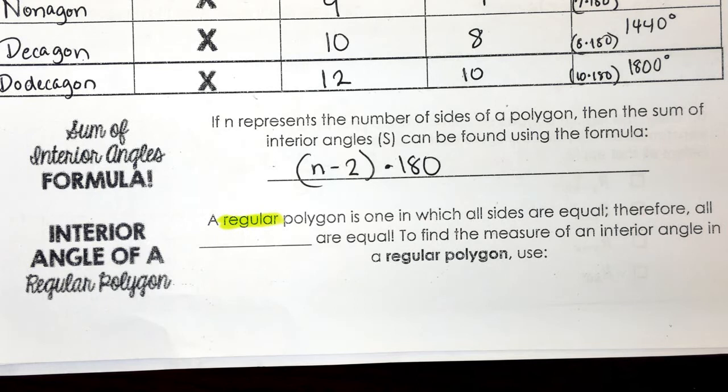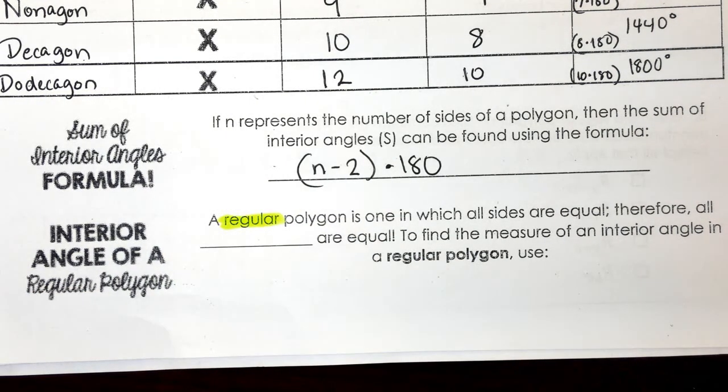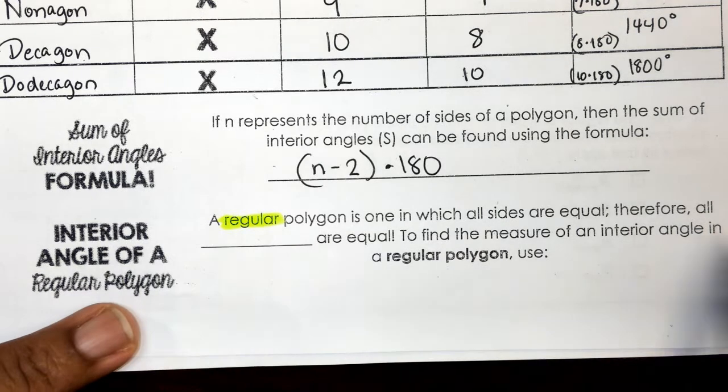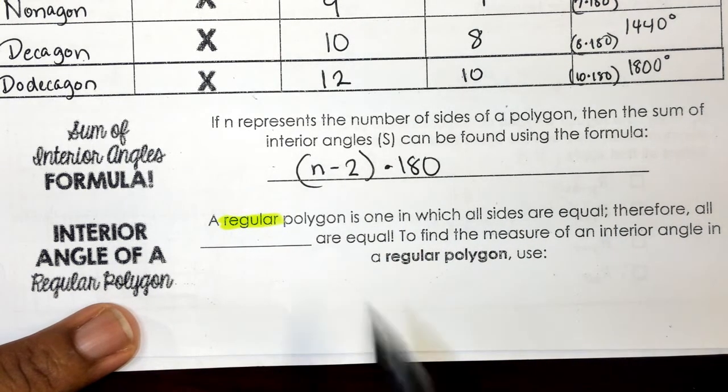All the sides are the same, all the angles are the same. If I do that for a pentagon, I'm telling you that all the angles and all the sides are the same. That's what regular means. Anytime you see regular in this stuff, they're just telling you all the sides and all the angles are the same. Matter of fact, that's the piece that's missing down here. A regular polygon is one in which the sides are equal, therefore all angles are equal.